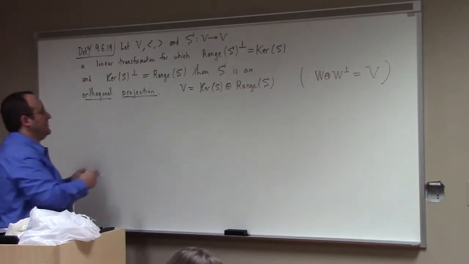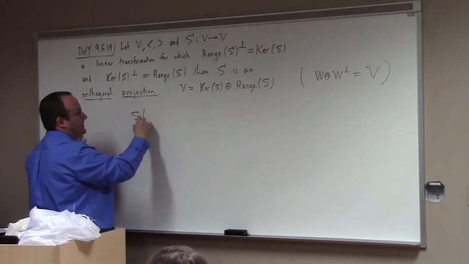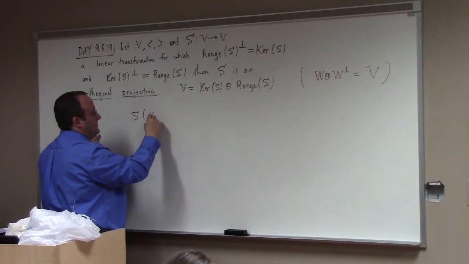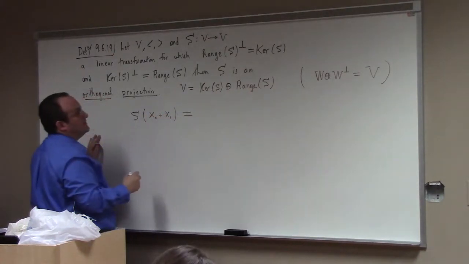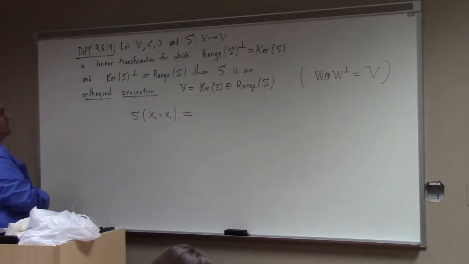And so let me just write a formula. So basically we've got S of, let's say, x naught plus x1, and it's equal to what? I said the range; what is the range of S?